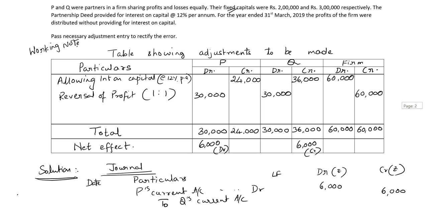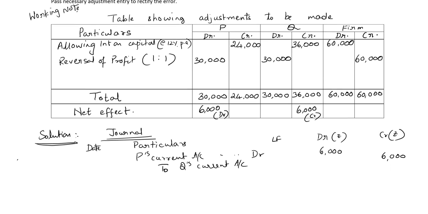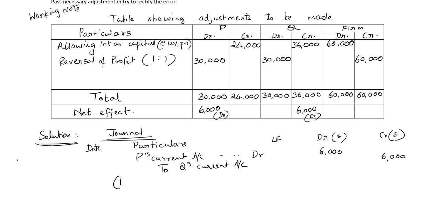We'll write the narration. Being adjustment entry passed to rectify error.